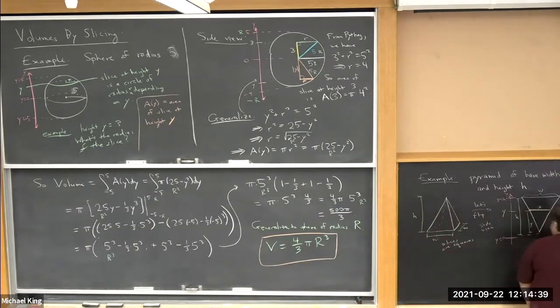This orange triangle right here, and the big triangle is blue. This one has width X and height Y. This one has width W and height H.